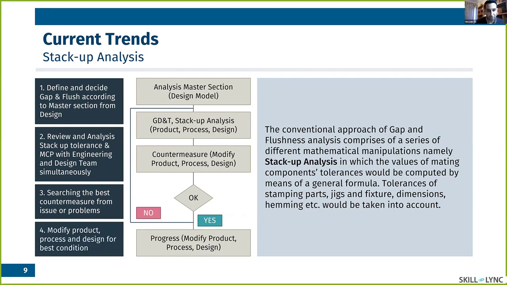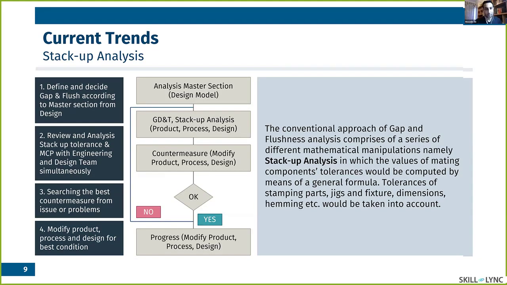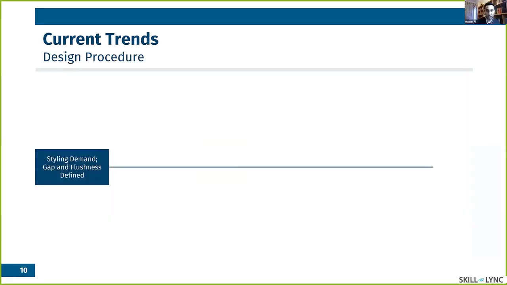If it's understood, I would give you a clearer flow chart here. Here we would have this design procedure, which starts with the styling demand, in which the gap and flushnesses would be defined or illustrated. Then the concept design and section book would be prepared by that expert, whose name I don't know. And in this stage, those gap and flushnesses would be completely defined.